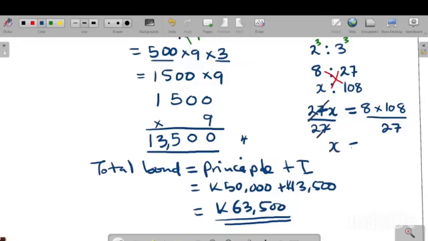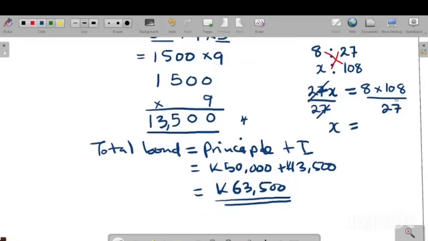You have x is equal to, and at this stage you can simplify. 9 can go into 27 3 times. Then 9 can go into 108.